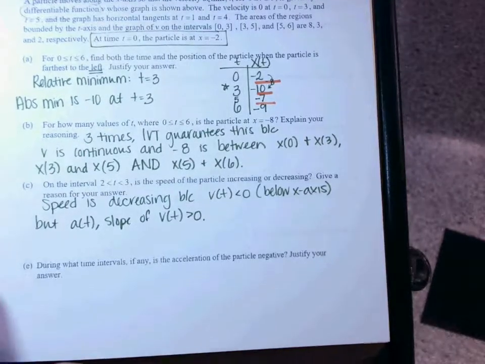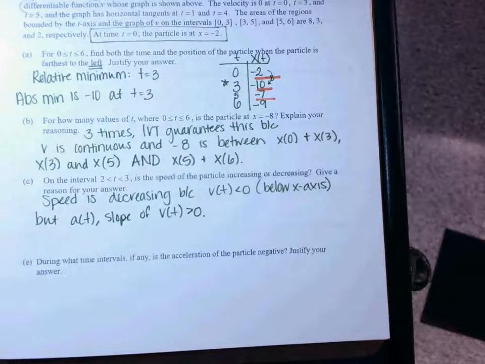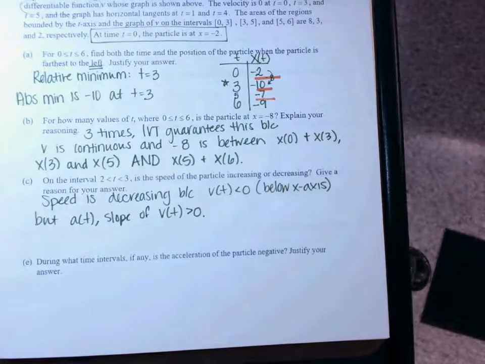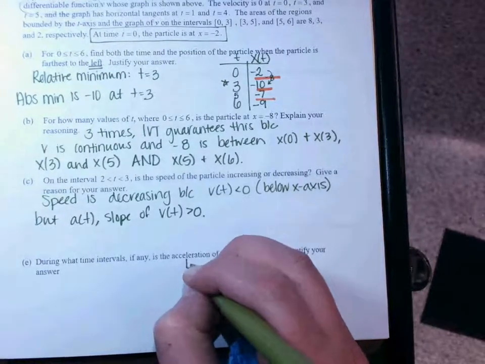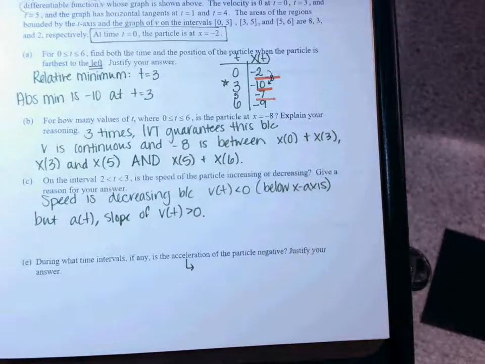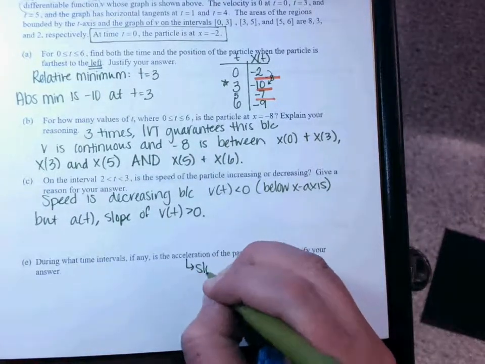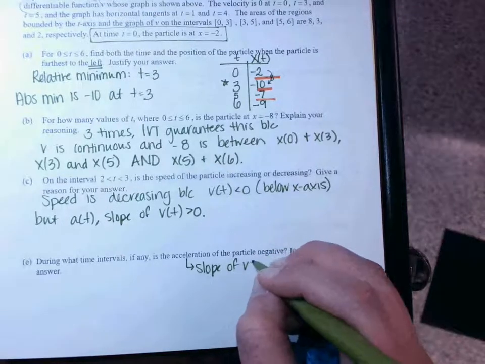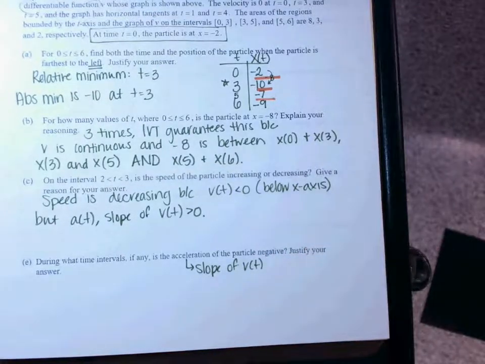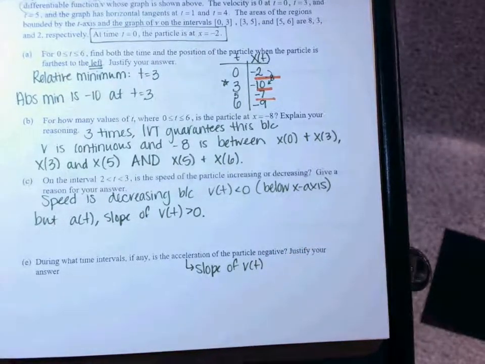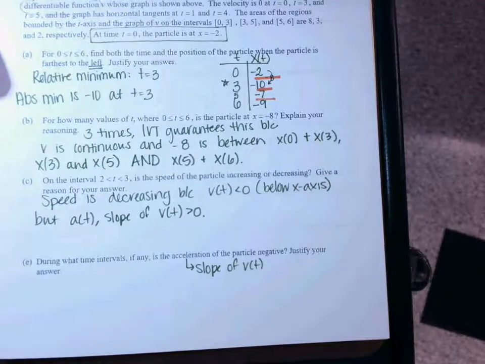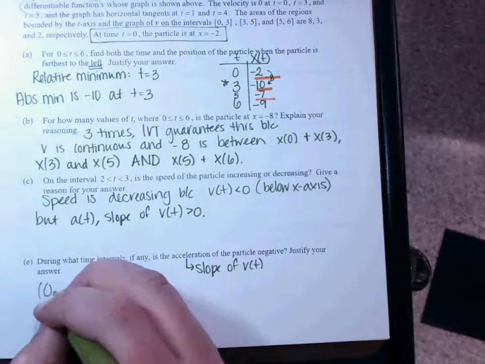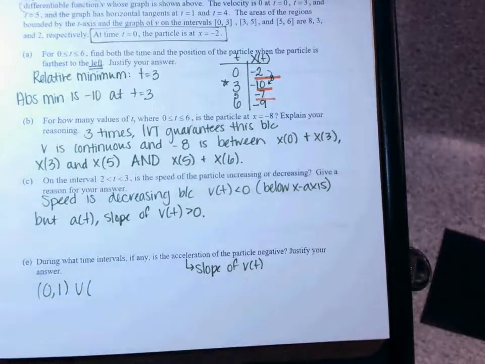Okay, last question says, during what time interval, if any, is the acceleration of the particle negative? Acceleration is what in the graph of v? Derivative, slope. Yep, the slope of v of t. And so I want the slope of my v of t graph to be negative. Where does that happen? What intervals? 0 to 1, union, where else?